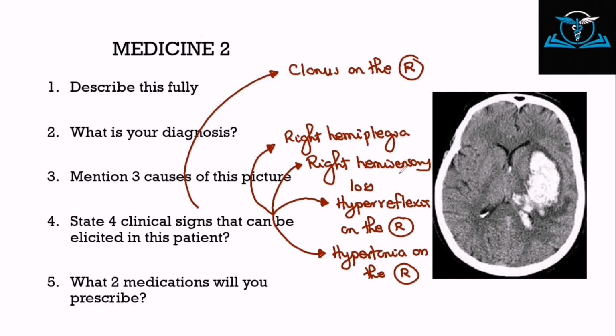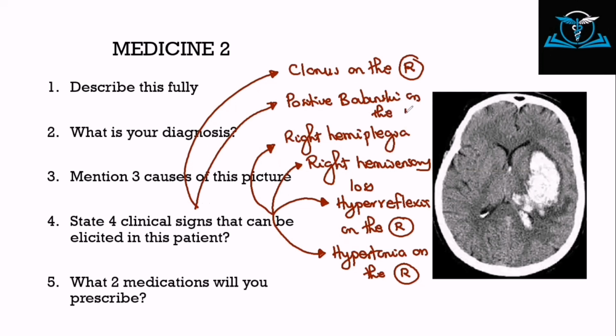The absence of a sign is not a sign. Okay. So there'll be a positive Babinski, okay? Positive Babinski on the right.